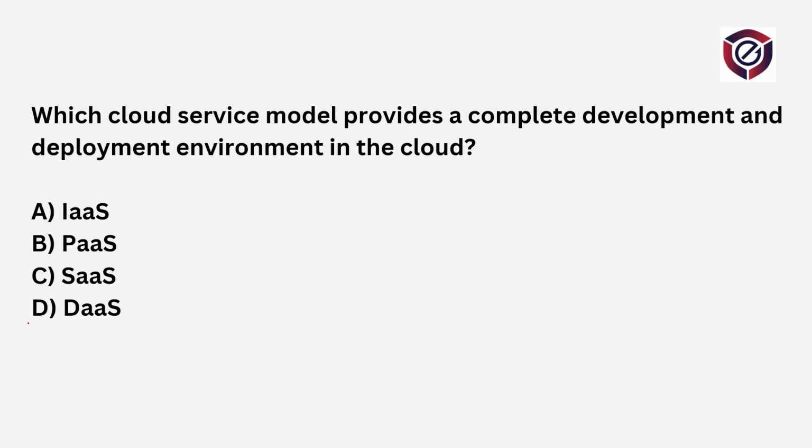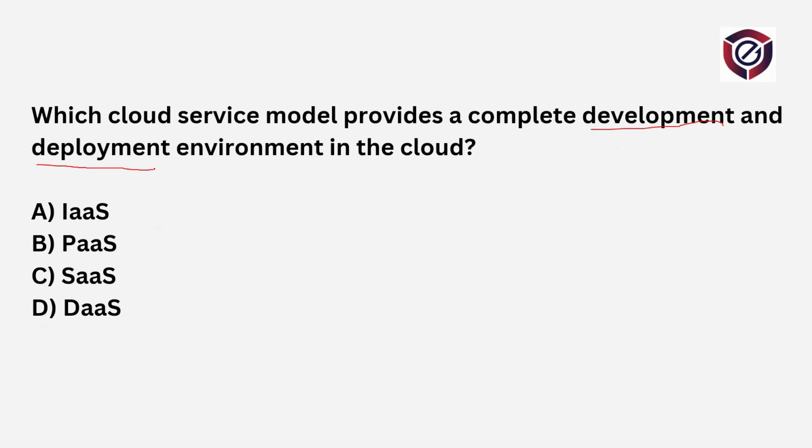Which cloud service model provides a complete development and deployment environment in the cloud? Here the question is regarding complete development and deployment. You need to focus on these keywords, development as well as deployment.